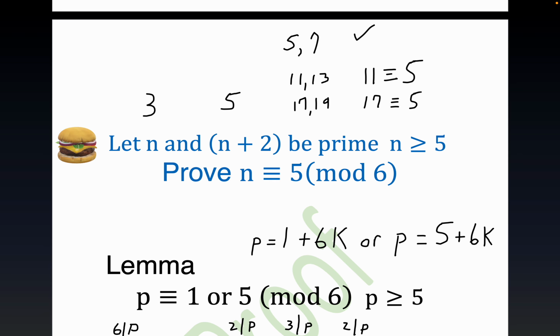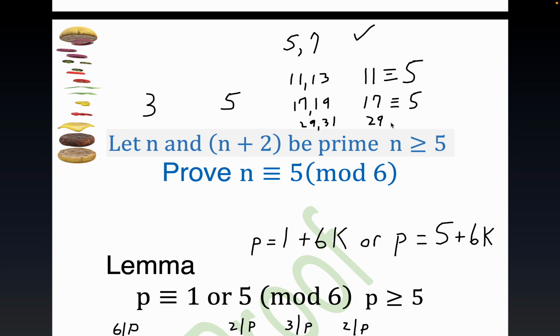And let's see, what's one more we can do? 29, 31. Twin primes. And 29 certainly leaves a remainder of 5. If you divide 6 into 29, you get 4 times 6 plus 5, right, folks?